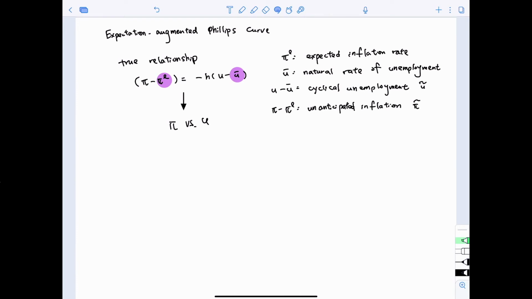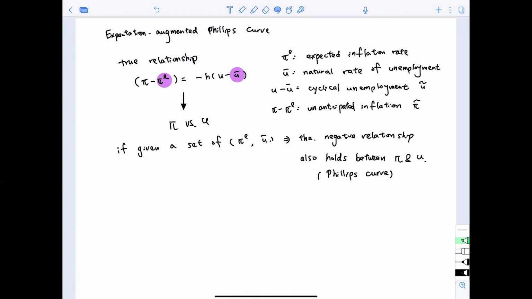And therefore, when the economy has the expected inflation rate and the natural rate of unemployment remain roughly constant, then even though the true relationship holds between cyclical unemployment and the unanticipated inflation rate, we will still observe the negative relationship between the inflation rate and the unemployment rate. Therefore, here I say if given a set of the pi e and u bar, the negative relationship also holds between pi and u, and which is described by the Phillips curve.